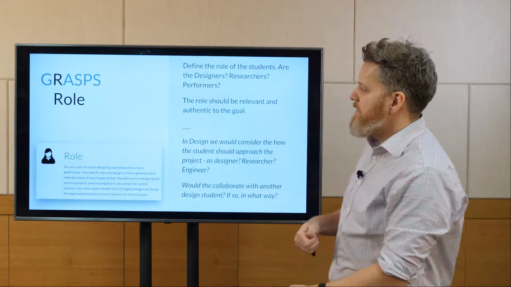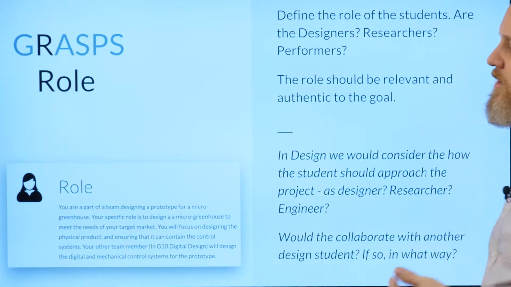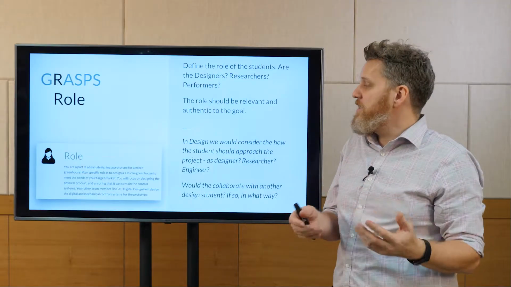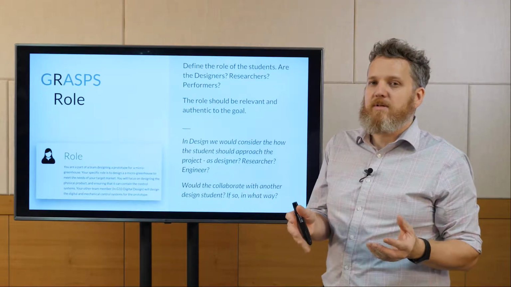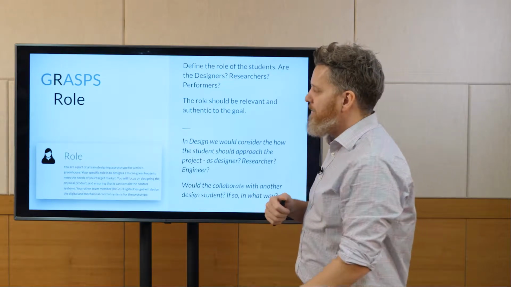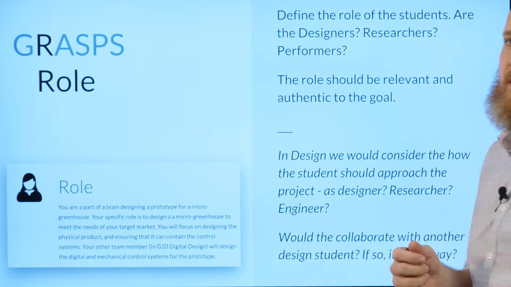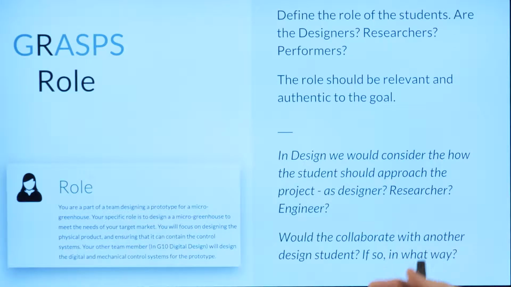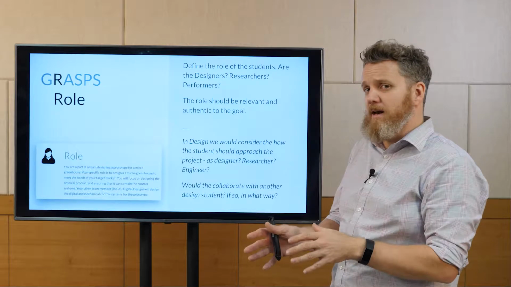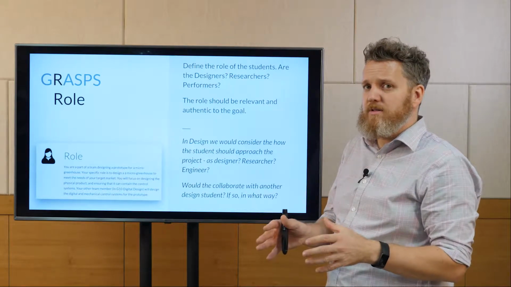So in this case here, with the micro greenhouse, the students' role was that they were actually part of a team, and their team is designing a prototype. So we've kind of framed what their role is a little bit there. And we talk about how your specific role is either designing the physical prototype or working on the coding and the digital aspects of the prototype.